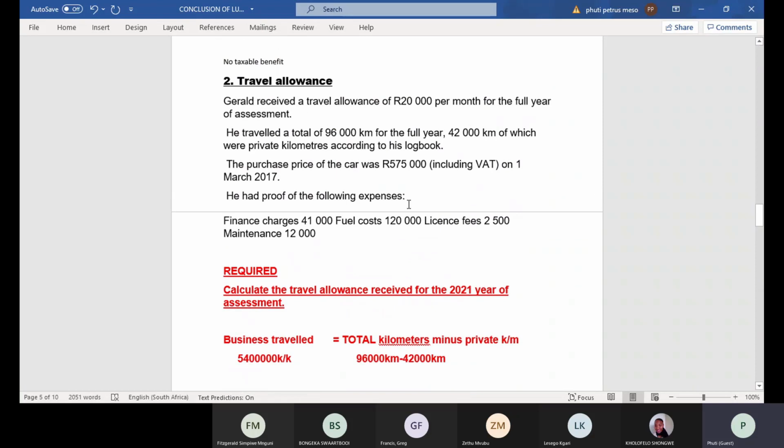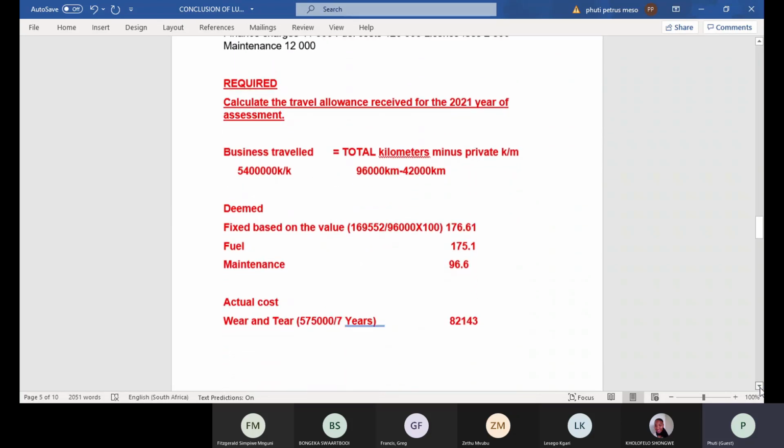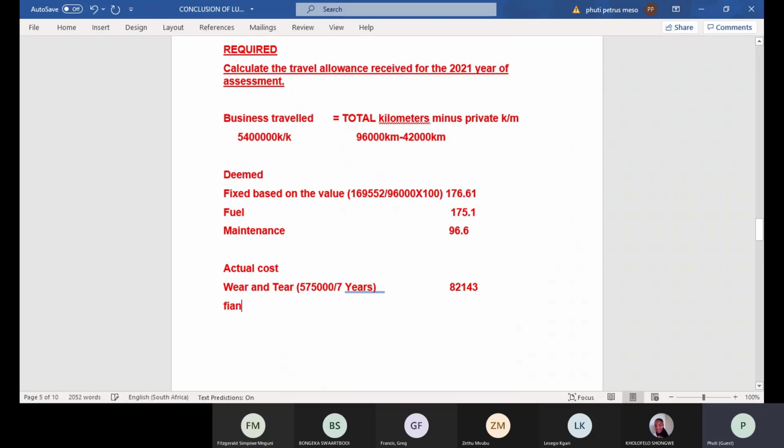You've got finance charges of 41,000. Can somebody give me the amounts on your side? Fuel, how much is fuel? And how much is maintenance, and the insurance?